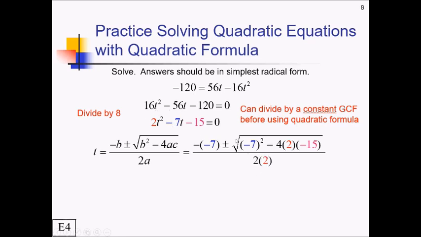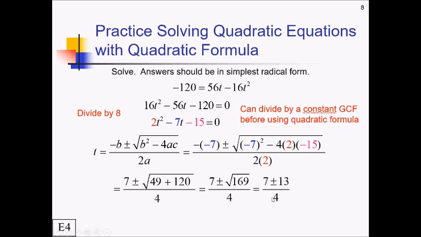Simplifying a little bit further, this is going to be a 7 out there, plus or minus square root of 49, minus, well, let's see here, 2 times negative 15 would be negative 30, negative 4 times negative 30, that's 120 that we're adding now, because we had 2 negatives, and all that over 4. 49 plus 120, that's 169. And you can use your calculator to check this, but this is actually 13 if you square root 169.